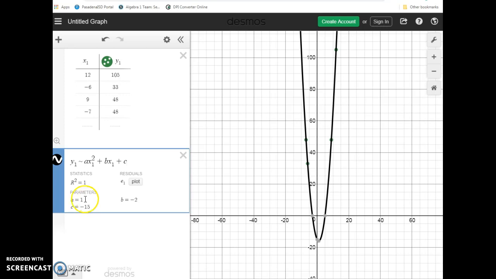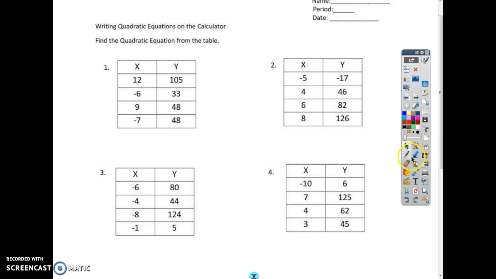Okay? The A is 1, the B is -2, the C is -15. And I'm going to write that down as your equation. So we have y equals 1x squared minus 2x minus 15.